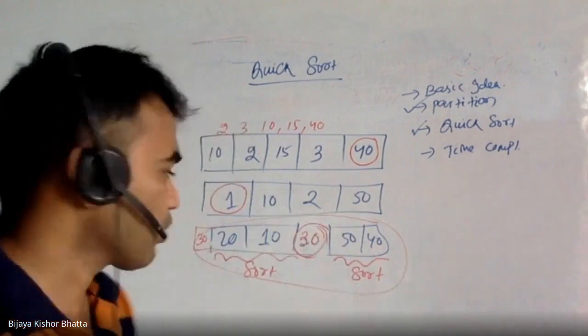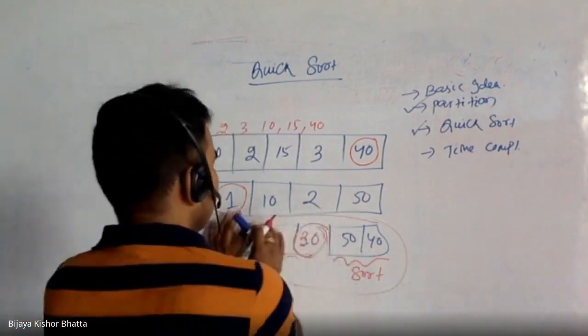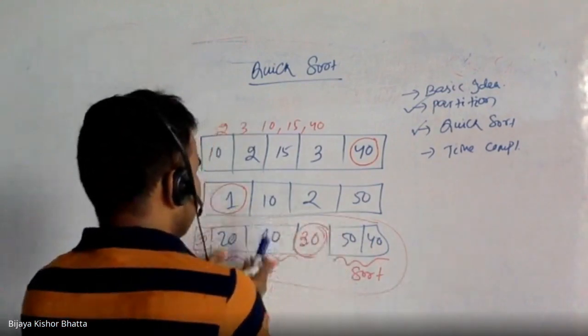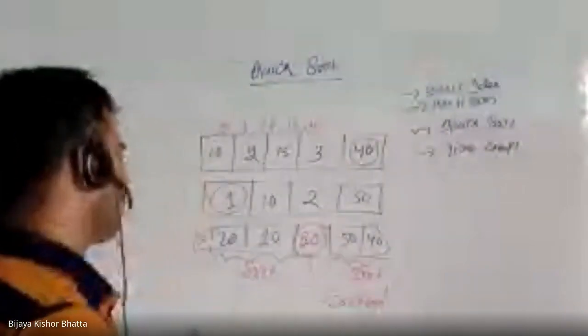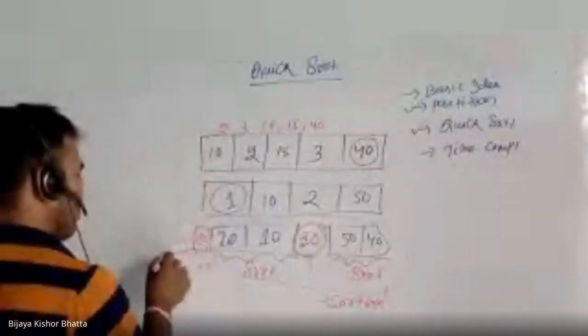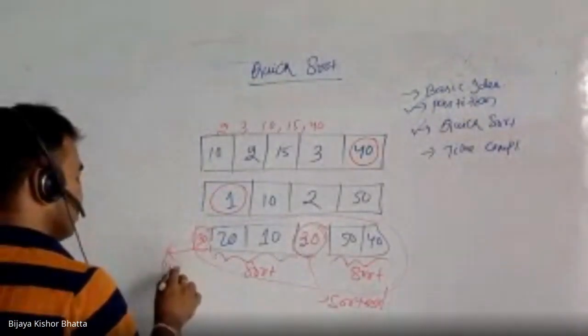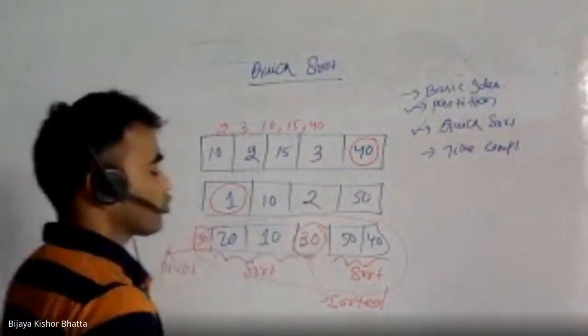After all the changes, you will eventually sort the left part and the right part, but this element is not going to change its position. That means it is in sorted form. In this example, this element is known as the pivot element.